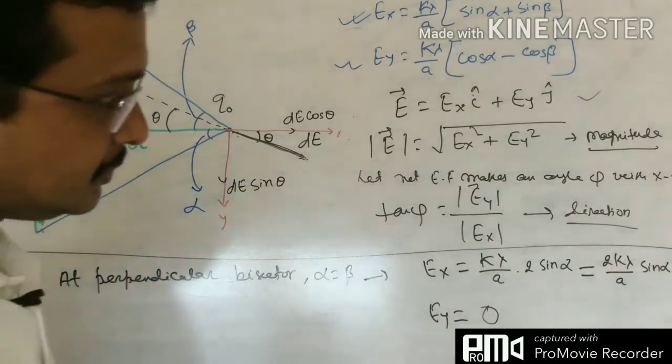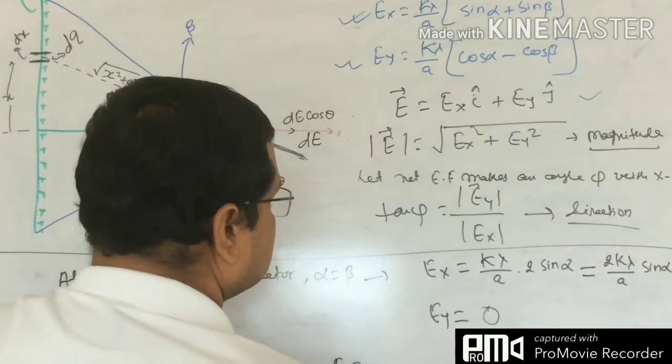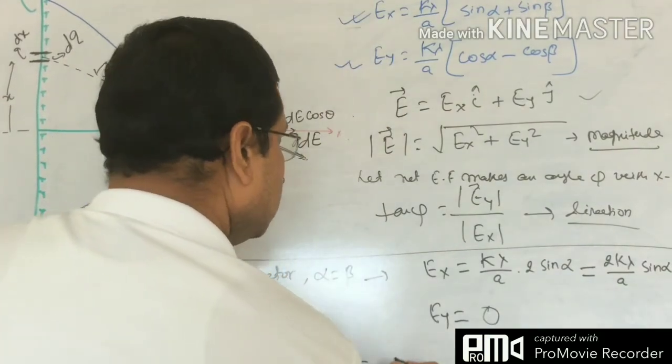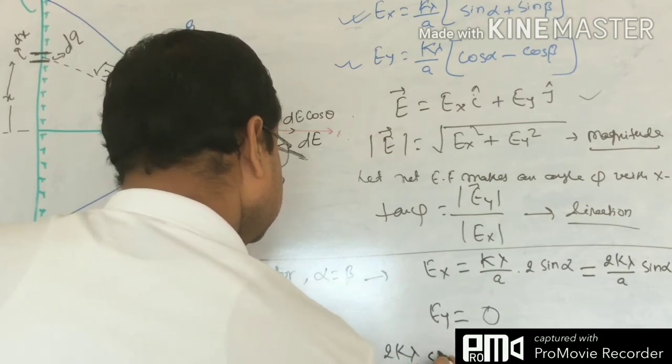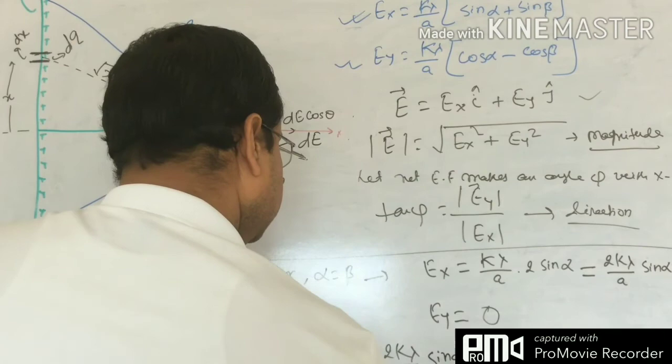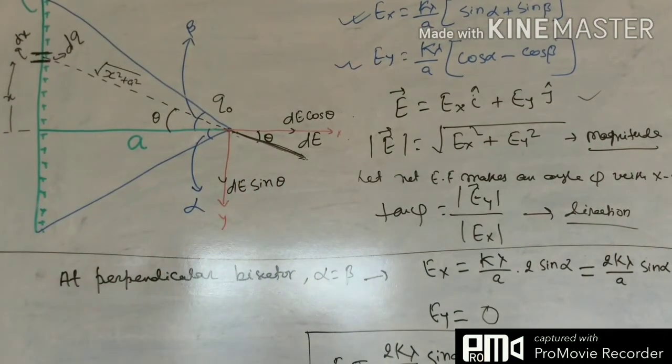So at the perpendicular bisector, net E equals 2k lambda by a into sin alpha. This is one of the important equations that we shall be using further also.